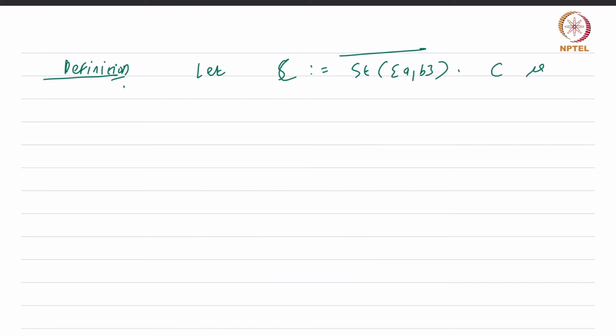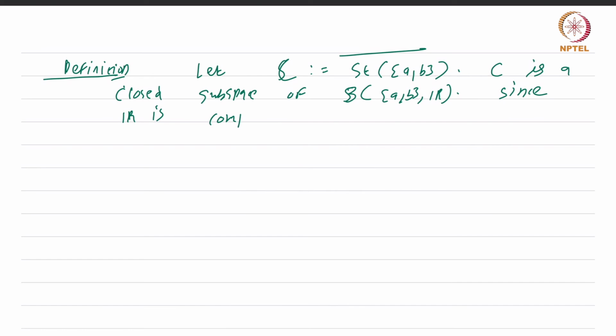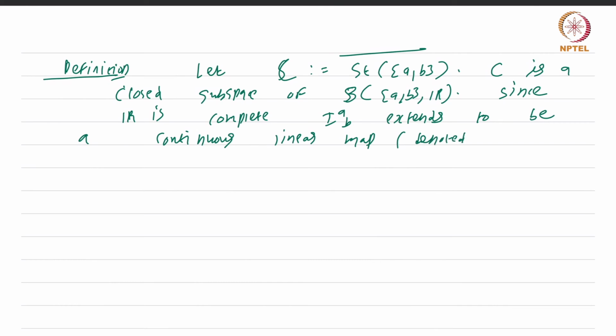Now, C is a closed subspace of the bounded functions from AB to R. Since R is complete, IAB extends to be a continuous linear map, denoted again by IAB.